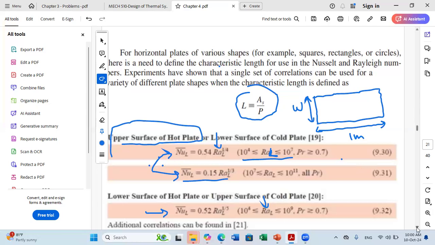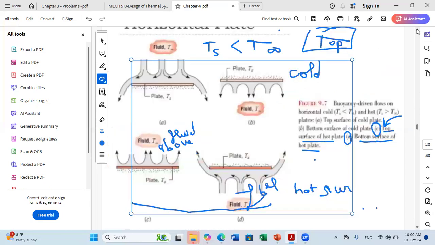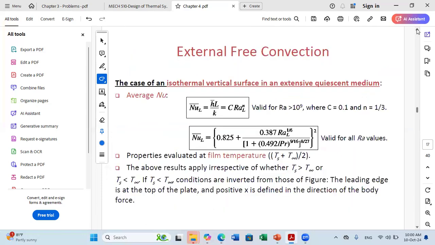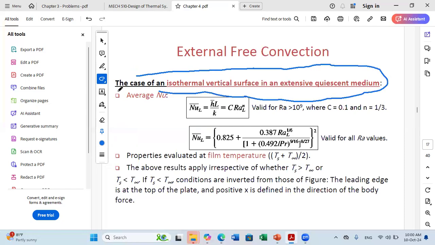Now, what do we have also? We have the two vertical surfaces. So this is for the top and bottom; we'll get the relations from here. While for the vertical surfaces, we need to go to the case of isothermal vertical surface. This is the slide corresponding to isothermal vertical surface.